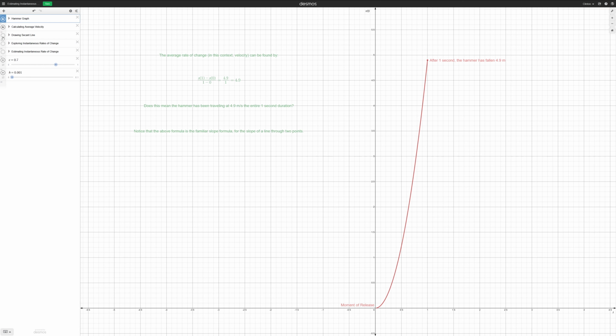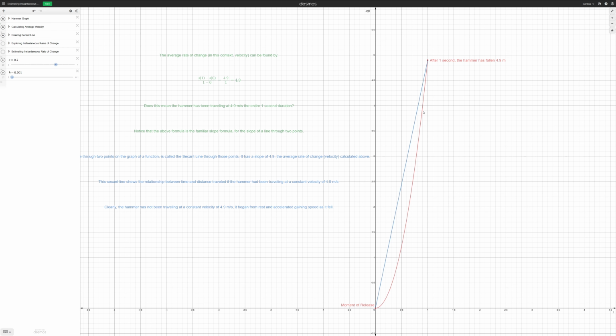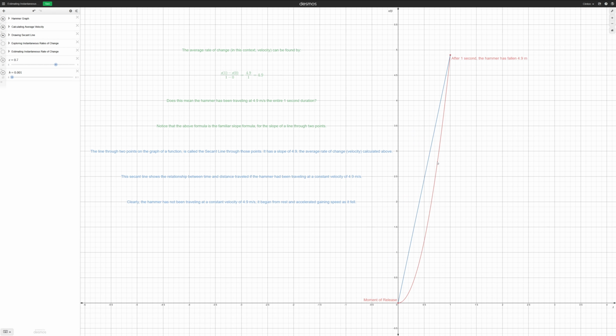Okay, let's go ahead and talk more about this slope formula here. So the average velocity here was just the slope formula for the line connecting these 2 points, 1 comma 4.9 and 0 comma 0. So 4.9 right here, that's the slope of this blue line. Let's go ahead and draw that. And when we draw that, that's called a secant line.